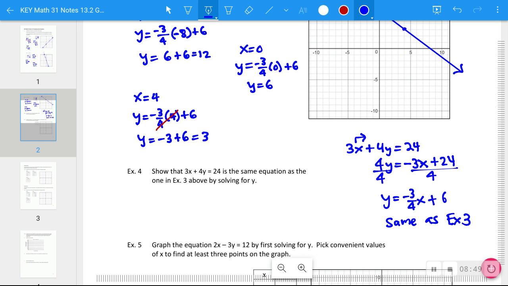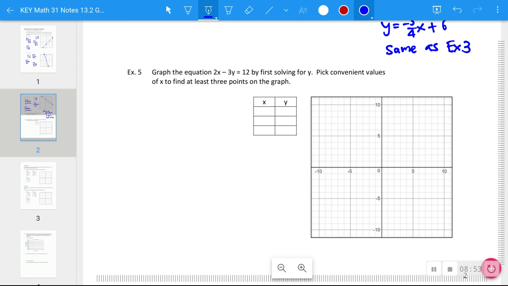Okay, that's as much. I'm going to go one more here. I'm going to solve this one. And in this case, they don't give us any x's or any y's. So we're just going to pick x values. And we're going to pick convenient ones. But before we do that, we're going to solve for y like we just did on the previous example.